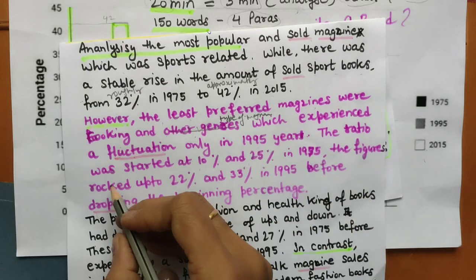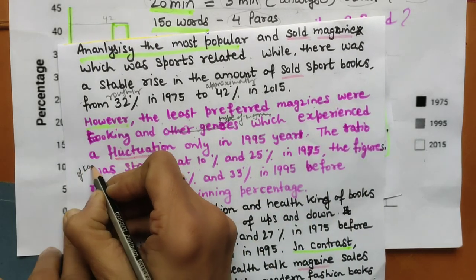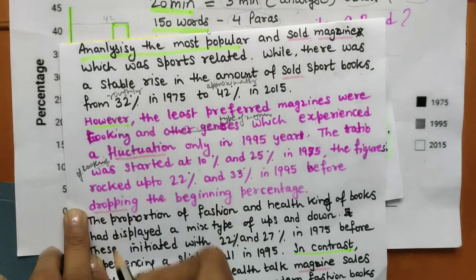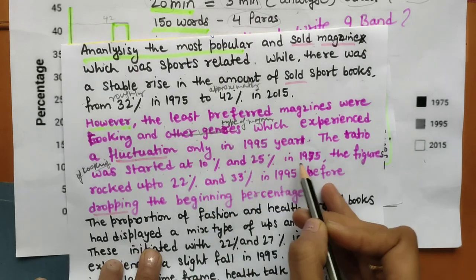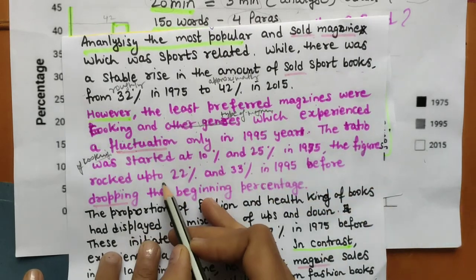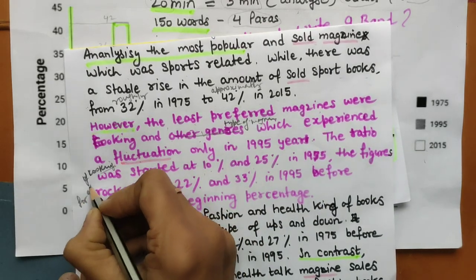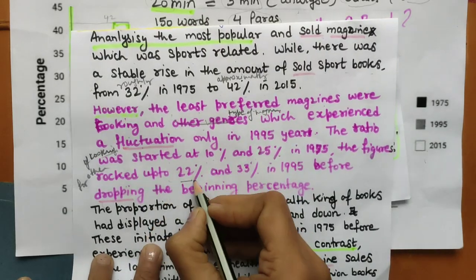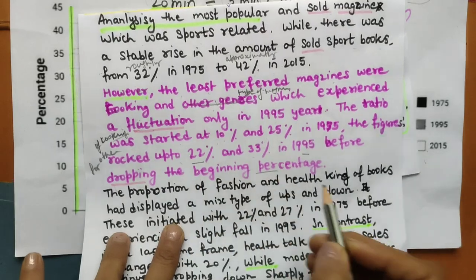The ratio of cooking, already it is written, then cookery books you can write, was started at 10% and 25% in 1975. The figures for others rocketed up to 22% and 33% in 1995 before dropping to the beginning percentage.